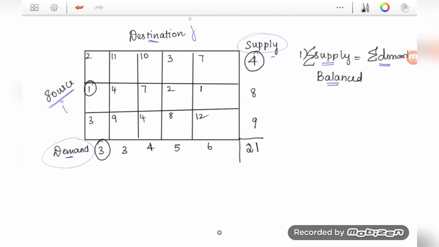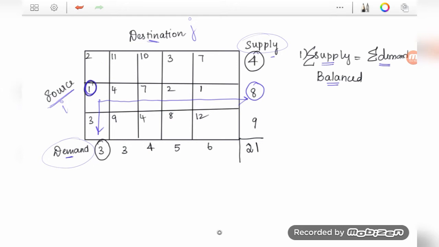In this table you will have to find the minimum value. What is the minimum value in the table? 1, right? So you'll select this particular cell. Once you've selected the cell, check its corresponding row and column. Amongst these two values, that is 3 and 8, find out which is the smallest. Amongst the supply and the demand, you'll have to find out which is the minimum.